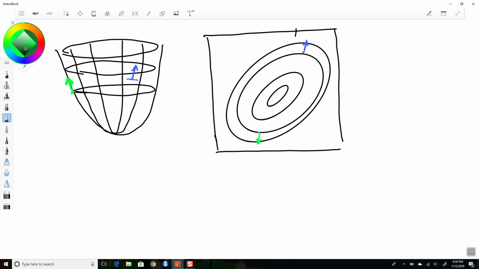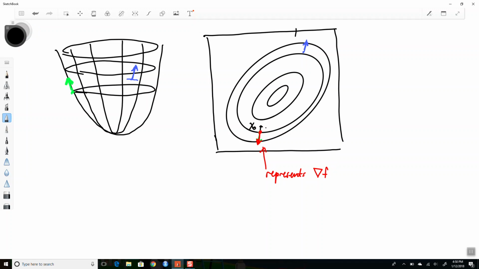So if we are located right here on the paraboloid, then for our next location, let me redraw this. This represents the gradient of f, and if this is x0, then x1 is, we're going to take a tiny step in the opposite direction.